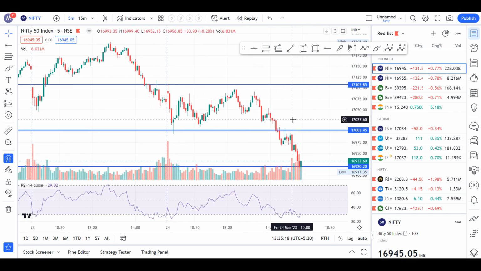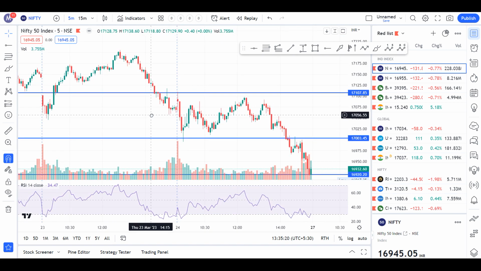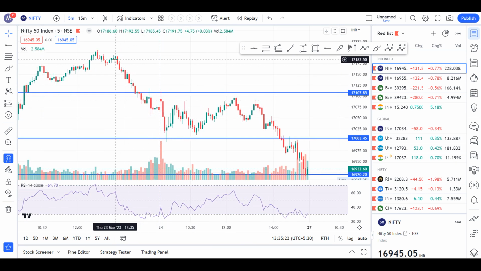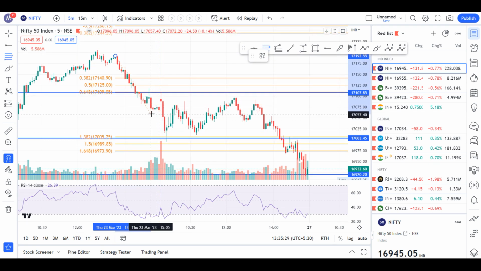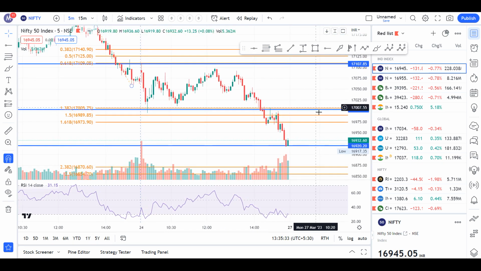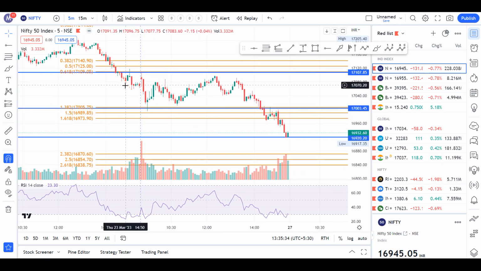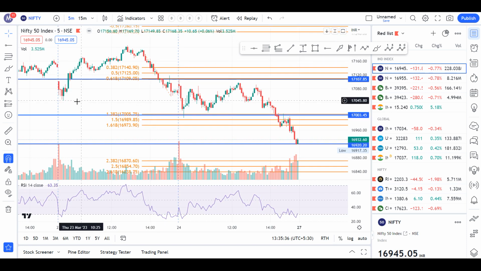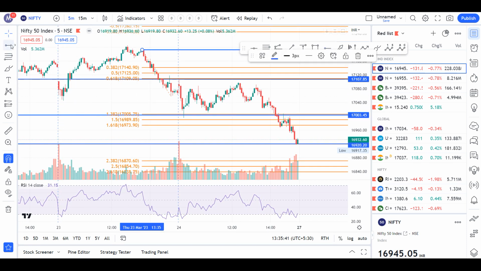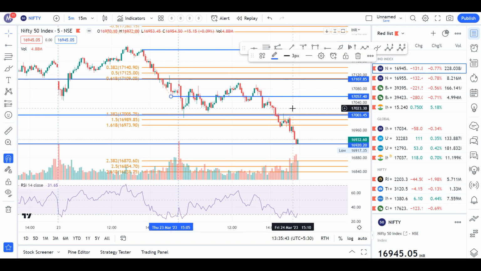Now the next one we have. In this particular day we have got a very good swing, right? We have got a swing from almost this level to this level. So in this scenario, what would happen again, the overall range for the day for me would have been this and this, right?